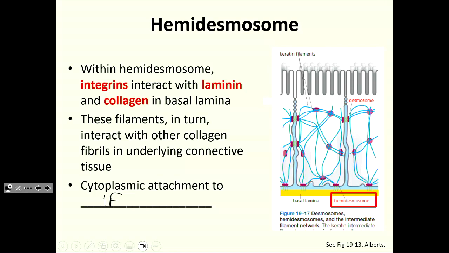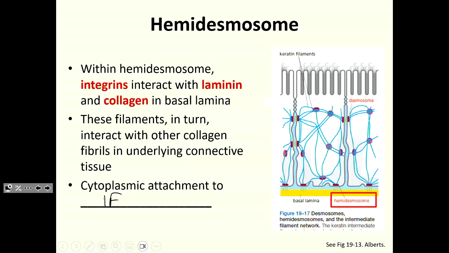Yes, question. So the cytoskeletal is the intermediate filament, and the skeletal protein is the integrin. But then there are collagen and laminin. Okay, so just to put them into context, she's asking about where everything fits.